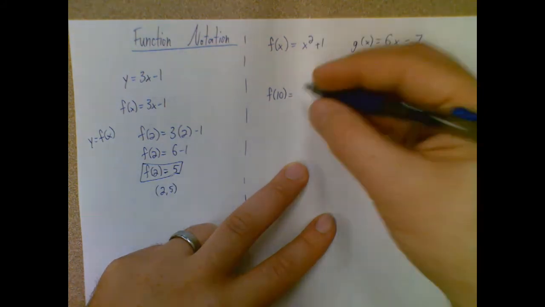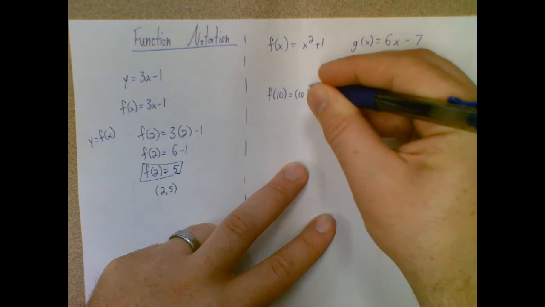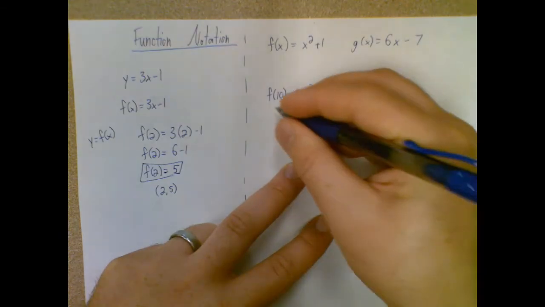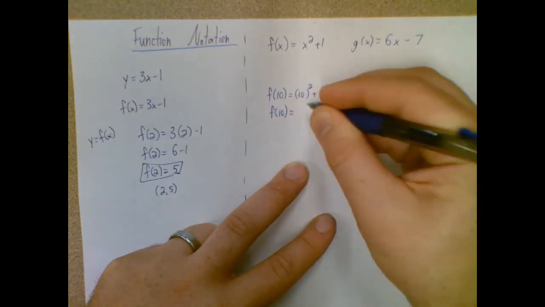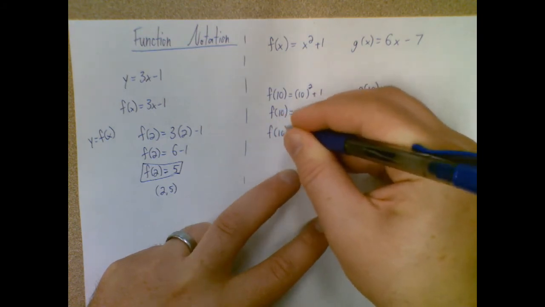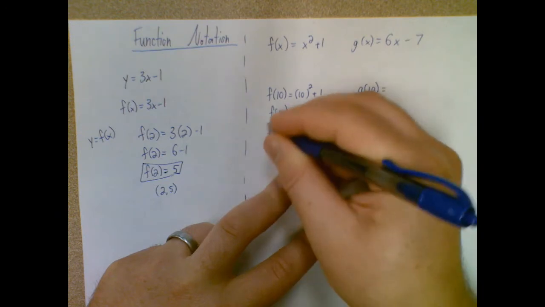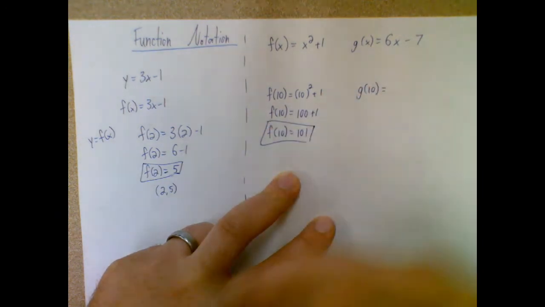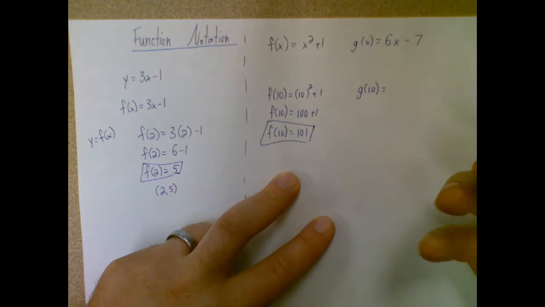So for f, I'm going to do 10 squared plus 1. Let me finish this one up before I deal with g. That's 100 plus 1, so it's 101. Once again, not dividing or doing anything like that because it's not multiplication.